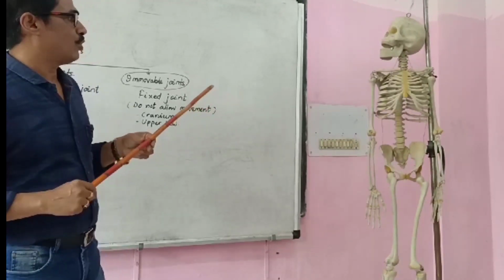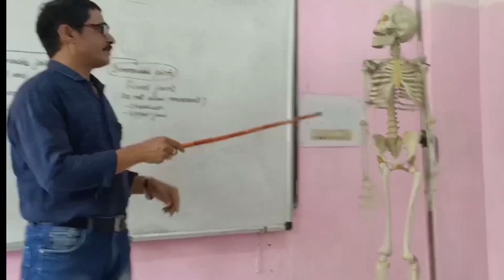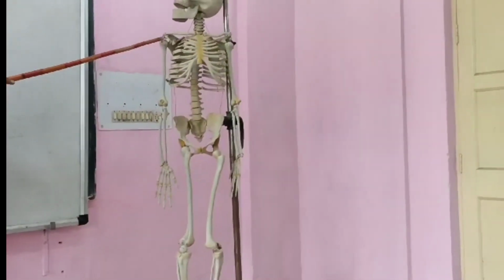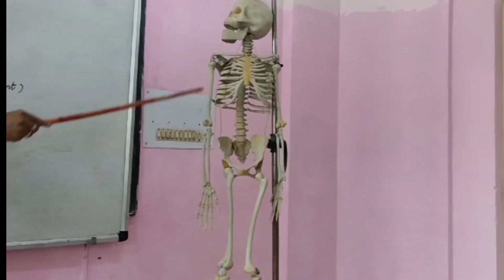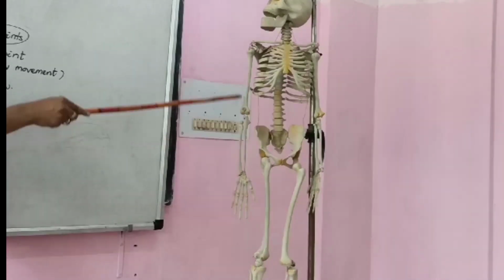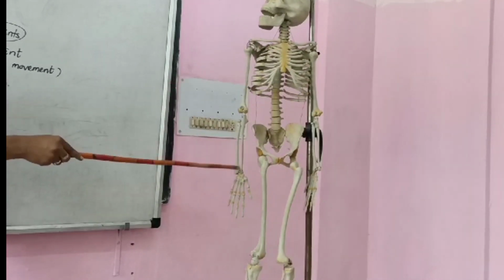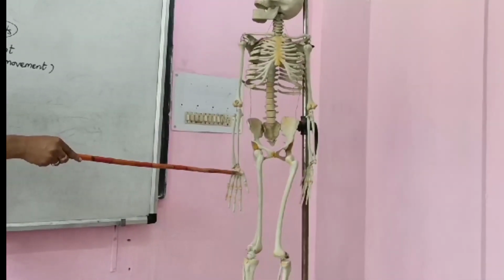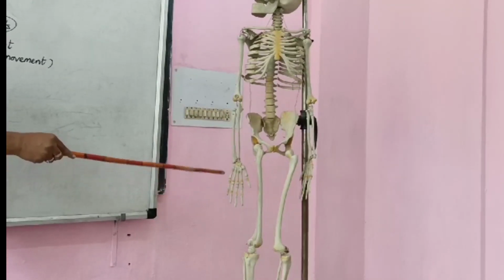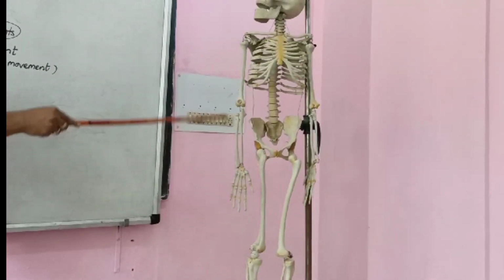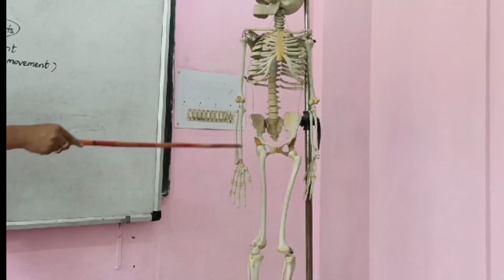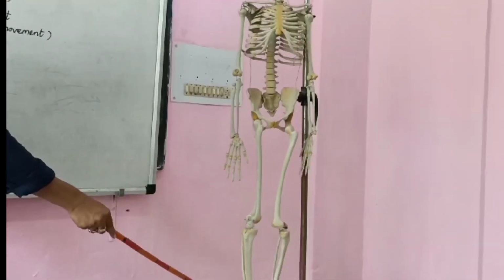Now, what are the different bones? Mainly the bones are the forearm, the arm, the wrist, your palm, and the fingers. These are the bones of the forelimb, and these are the bones of the hind limb.